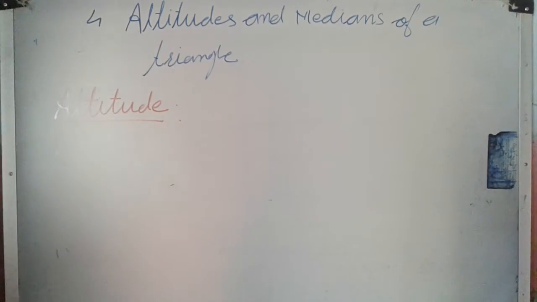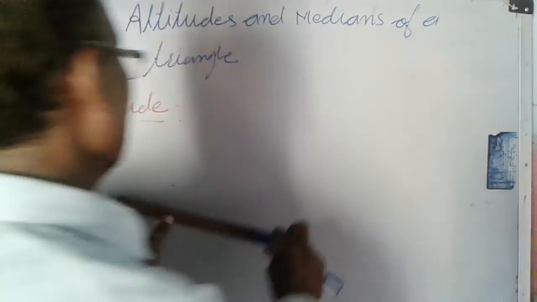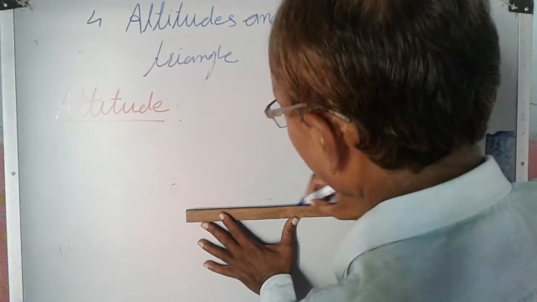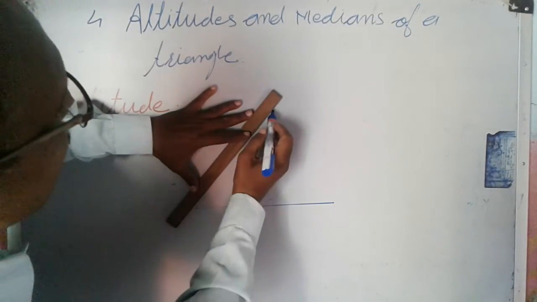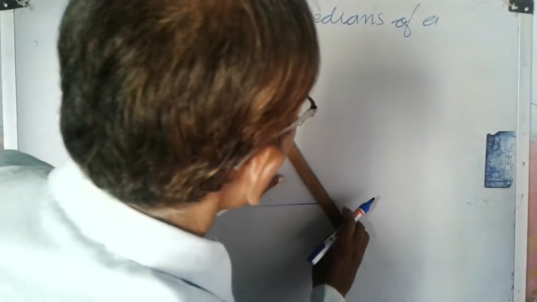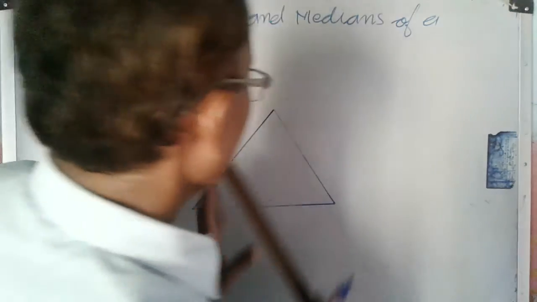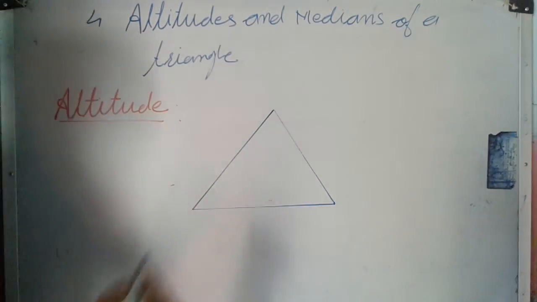Now suppose this is a triangle. This is triangle ABC.